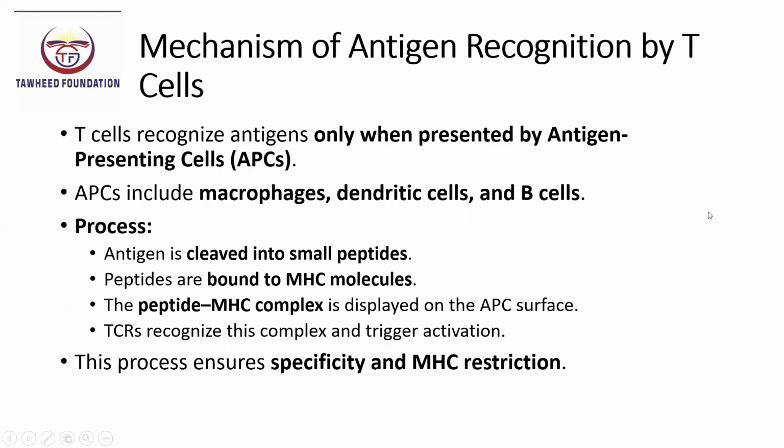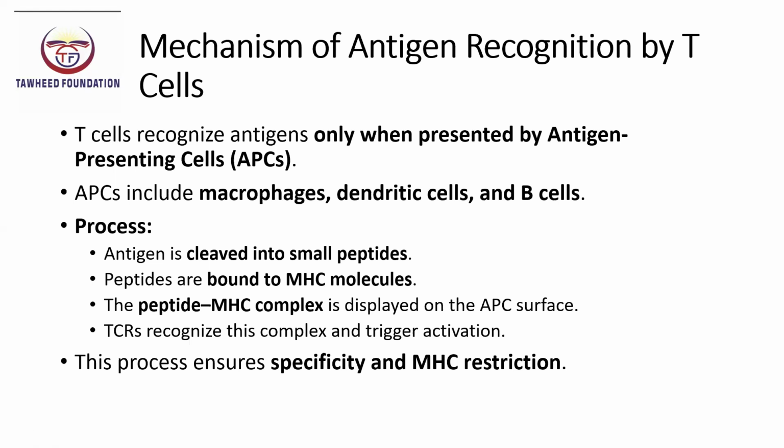Next is mechanism of antigen recognition by T cells. T cells recognize antigens only when presented by antigen presenting cells, APCs, such as macrophages, dendritic cells, and B cells. Antigens are processed into peptide fragments which are loaded onto MHC molecules and displayed on the APC surface.